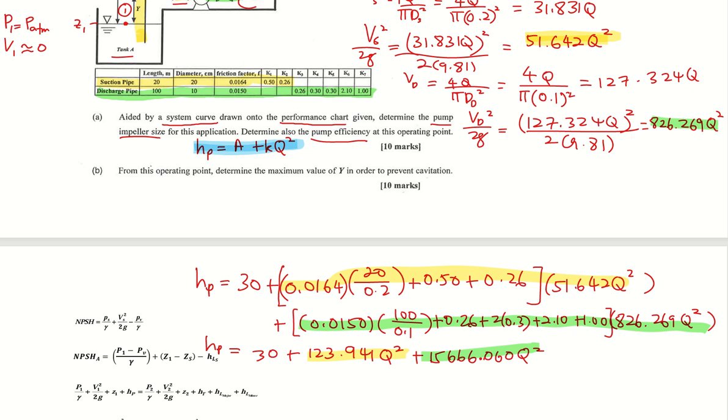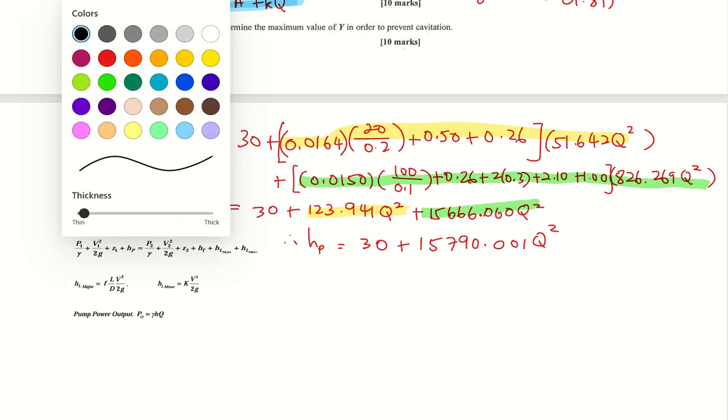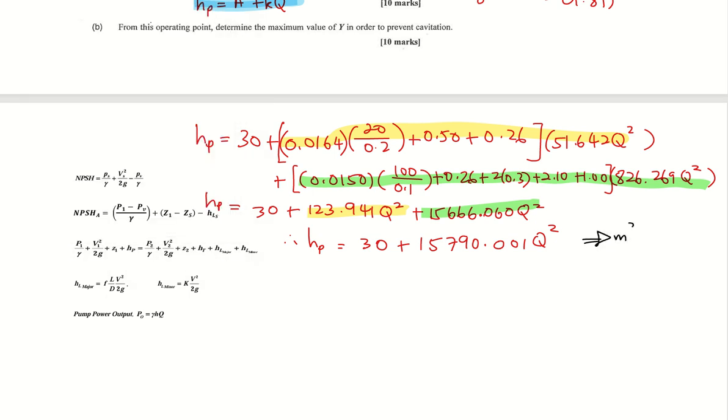Then only you add them up. So therefore, HP equals to 30 plus 15790. Actually, if you don't write 0.001 also okay. But this value is in meter cube per second. So if you look at your chart, the Q is in liter per second. So how do you convert this to liter per second? So you just write 1000 liters is basically 1 meter cube.